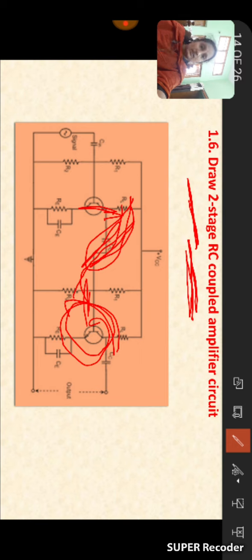So in this way, the two-stage RC coupled amplifier is formed. Here, what is meant by coupling? Connecting the output of one stage to the input of the next stage is called what? Coupling. Okay.